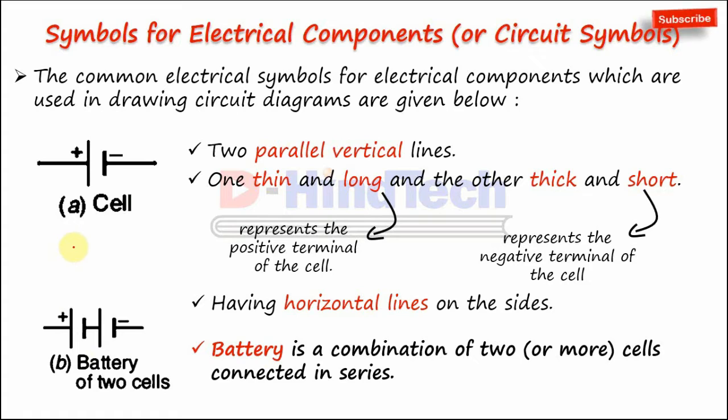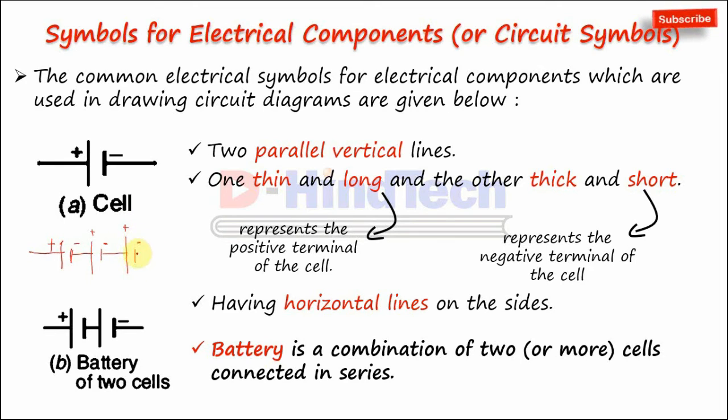Suppose we need to form a symbol for a battery of a combination of three cells. See how. Here is the first cell, with its positive and negative terminal. Now connect the negative terminal of the first cell with the positive terminal of the second cell, which has its own negative terminal. Then again connect the negative terminal of the second cell with the positive terminal of the third cell.